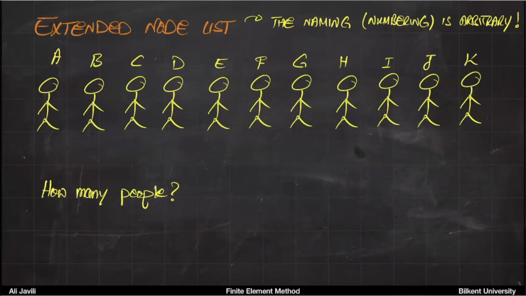We want to count also how many right-handed people and how many left-handed people are in the queue.